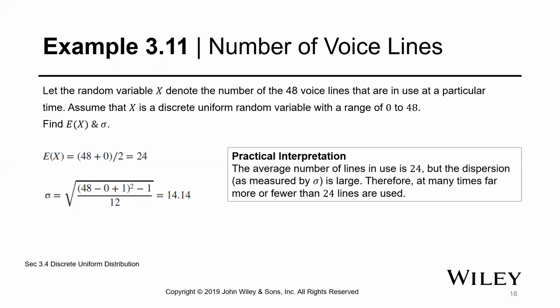Makes sense, right? If you have an equal chance of all the variables, to find our standard deviation, you take the difference between the two, 48 minus 0.